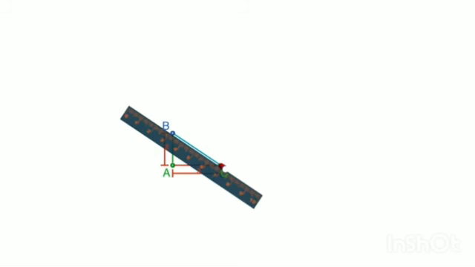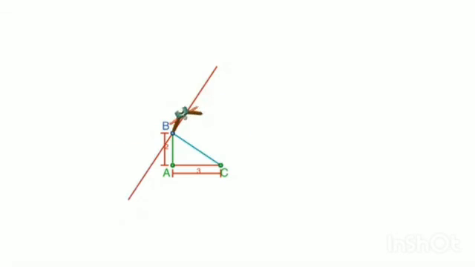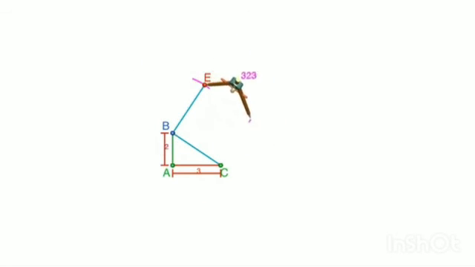Now we can draw a square with BC as one side. For that, let us draw a perpendicular through the point B. Take the length of BC in the compass and draw an arc. Mark the point of intersection. Let it be E. Now length of BE is equal to root 13.